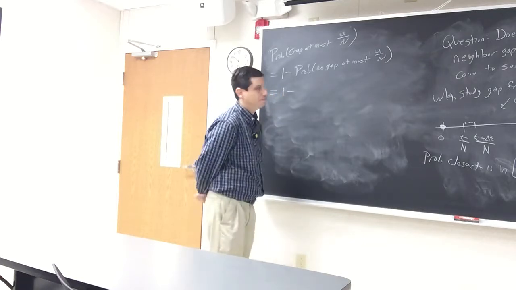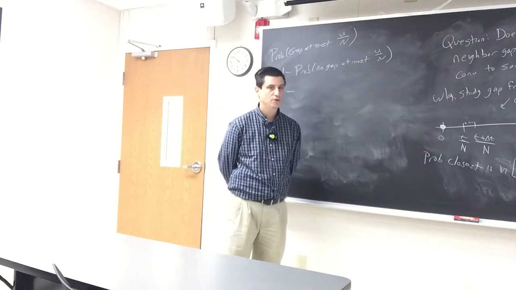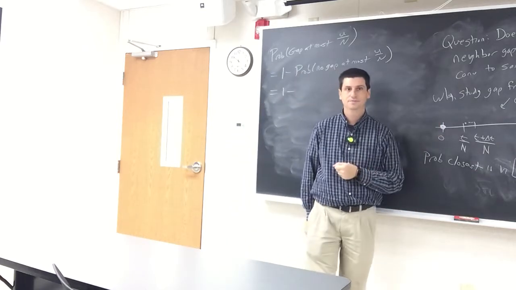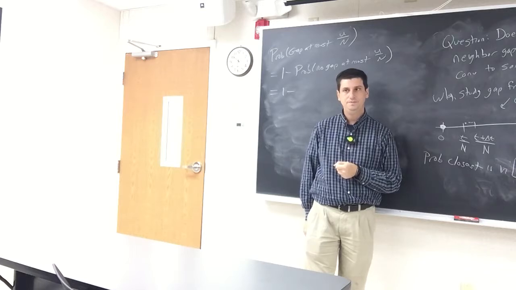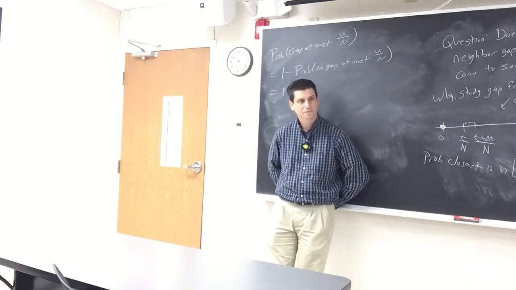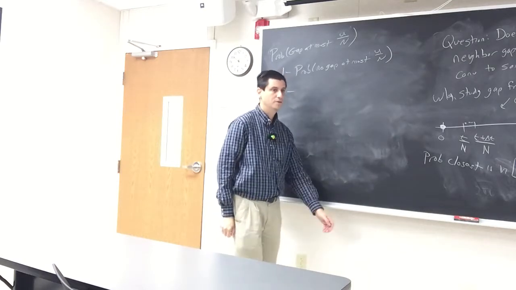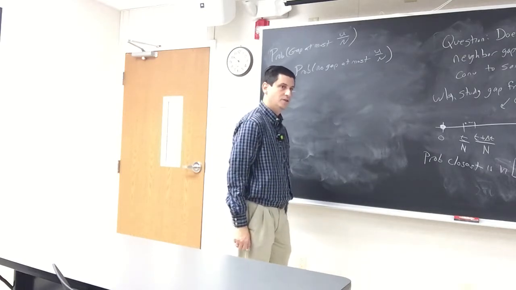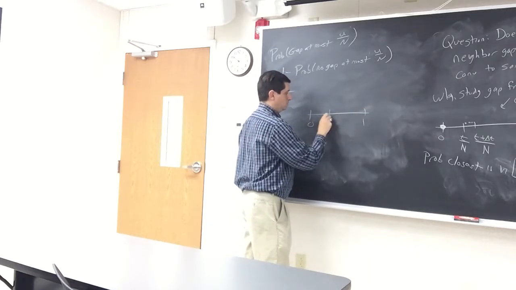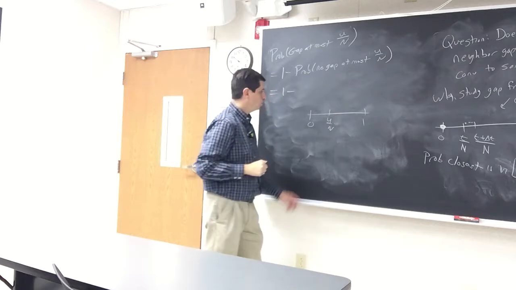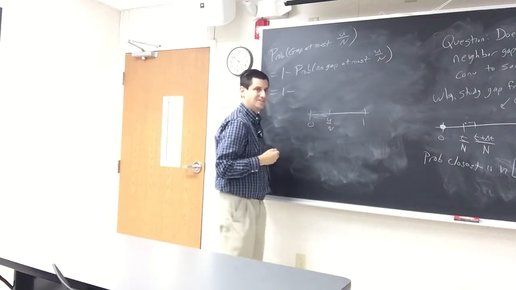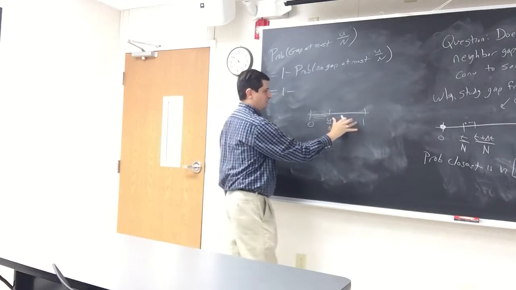So if I choose an event, what's the probability that it's not between 0 and u over n? Well, I want to say I don't want to be in here. Right, so what's this length?